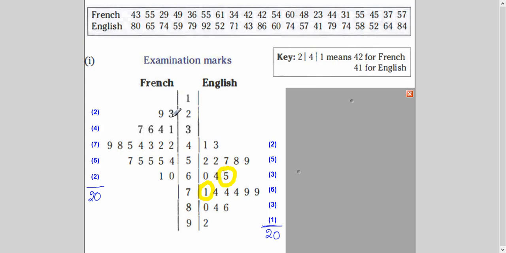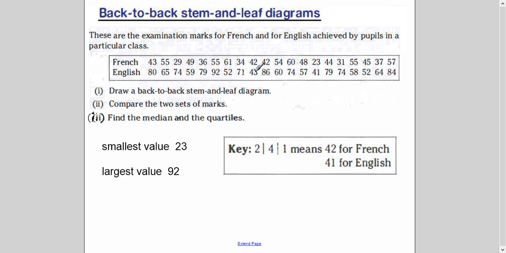It means people have scored very low in French, whereas in English they are much better. They are scoring from 51 onward. And in French, the highest mark is 61, and in English it is 92. So you make the same stem and this side will remain empty where there is no data. So this is how you will make the back-to-back diagram for the two data sets.